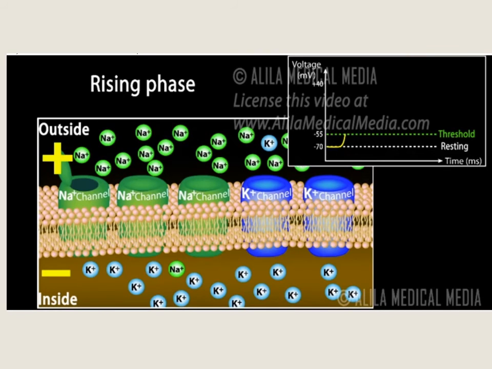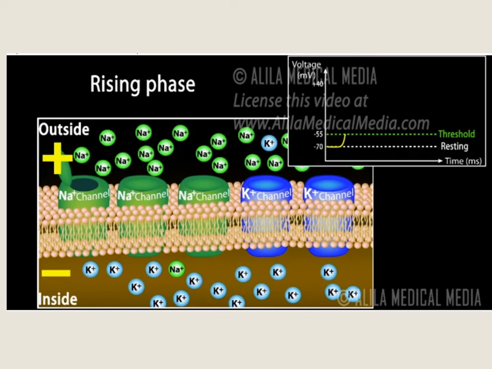This is the rising phase, or the depolarization diagram. The Na plus channels will be open, and the Na plus ions travel from outside to inside. The K plus ions go from inside to outside.